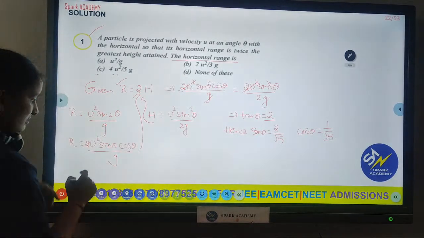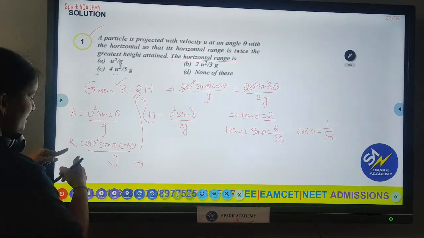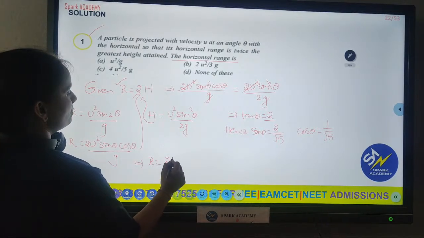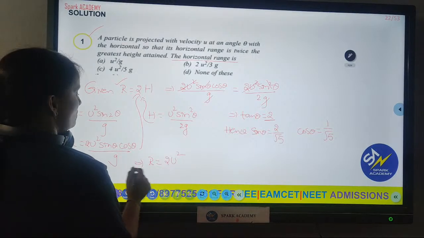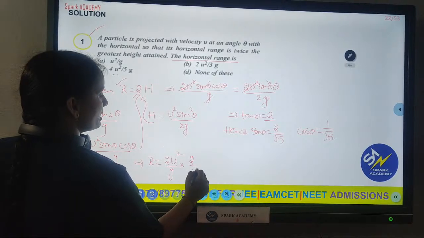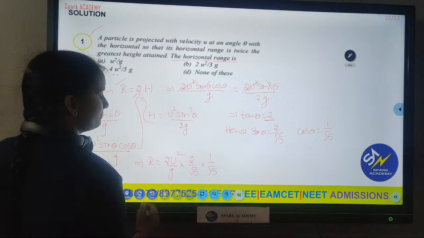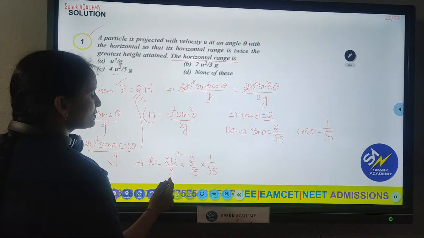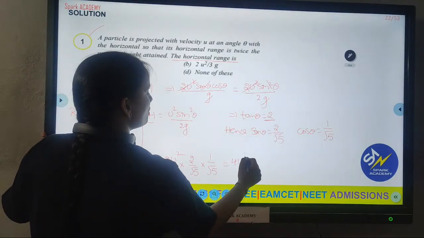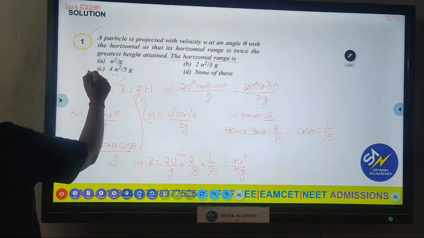Substitute the sin theta and cos theta values here. Range will be equal to 2 u square by g into sin theta, 2 by root 5, into cos theta, 1 by root 5. Then it becomes 4 u square by root 5 into root 5, which is 5. So it will be 4 u square by 5g. This option is correct.